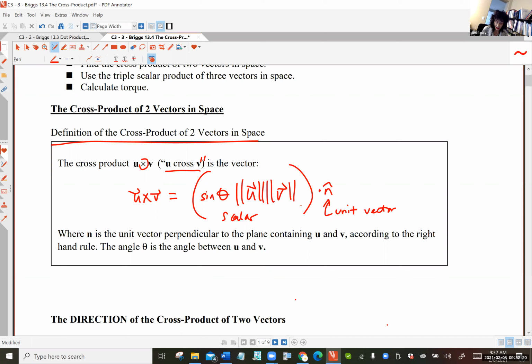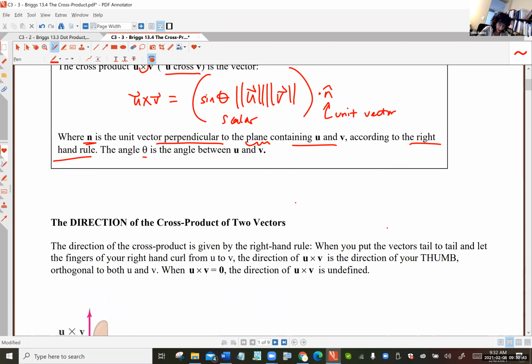That's the weird scalar. And then that's multiplied by some funky unit vector, a vector that's perpendicular to the plane containing u and v, according to something called the right-hand rule. And the angle theta is the angle between u and v.